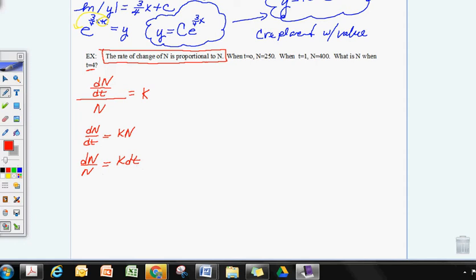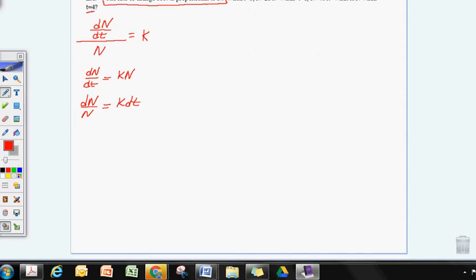So all I did is I maneuvered all of those equations like I have in the past. I am going to now integrate them. So I put in my integral sign, and can you guys see that my u value is N and my du value is dN? Can you see that this is du over u?